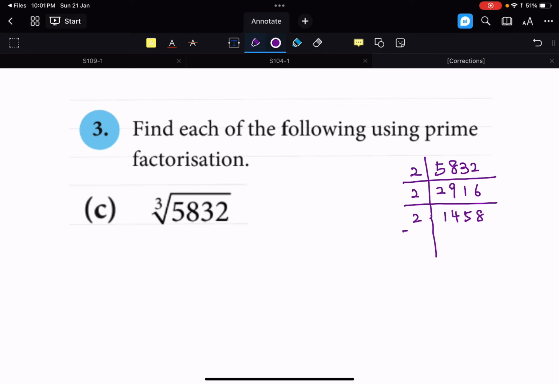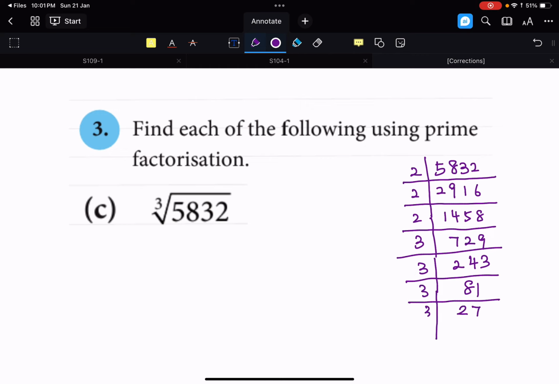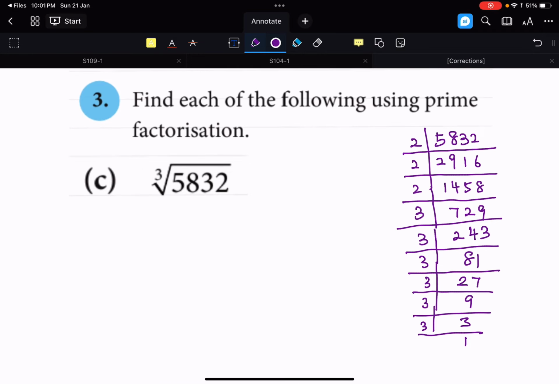One more time. We get 729. Then we go to 3. This time round we have 243. Continue. 81, 27, 9, 3, 1.